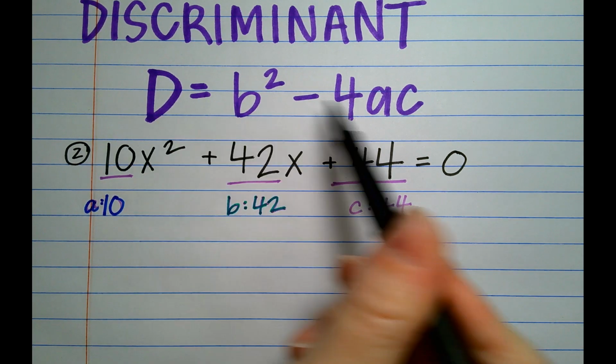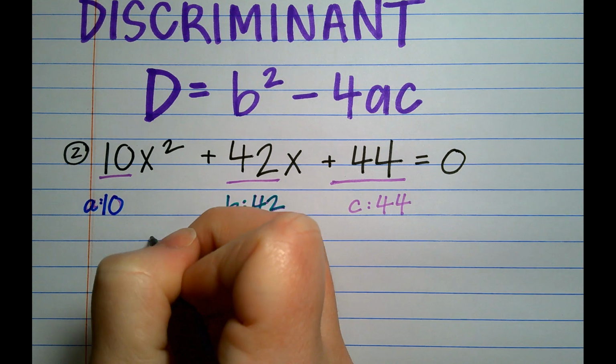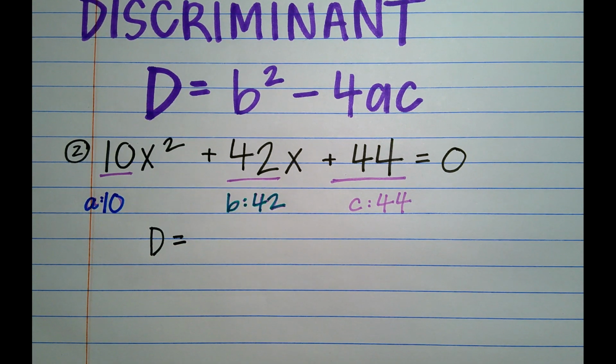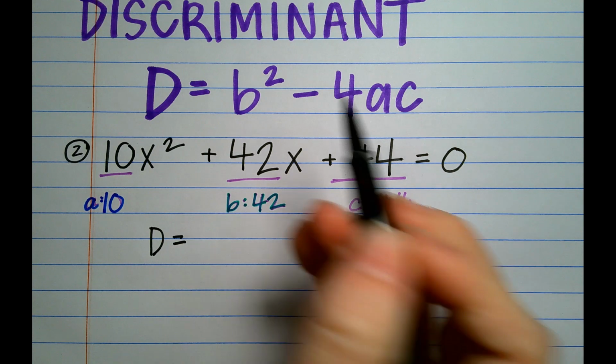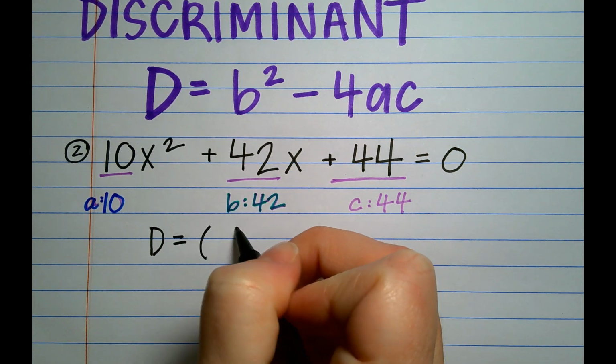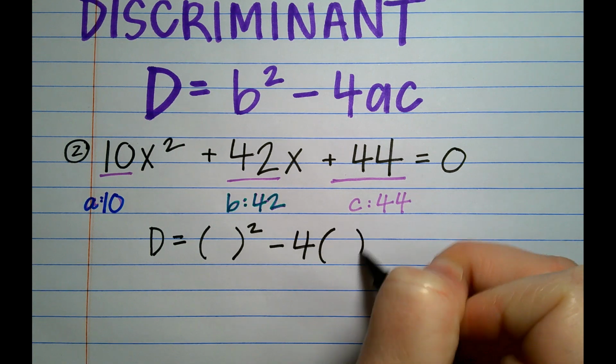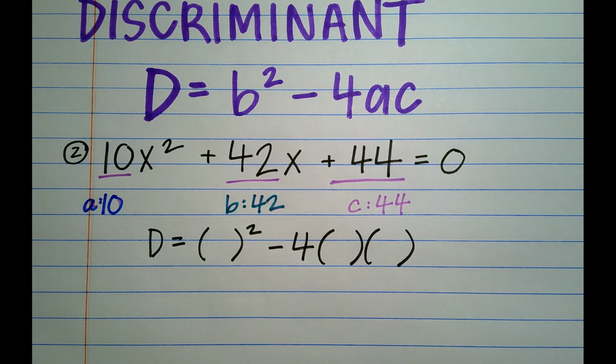So let's use this formula first. We're going to write D equals B squared minus 4 times A times C. So what goes in my first blank?